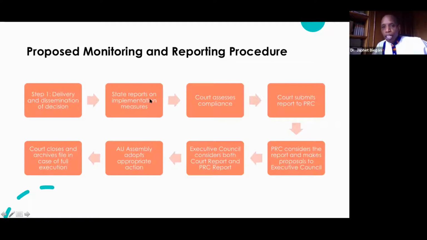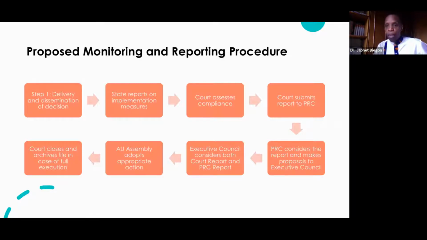Then the state reports on implementation of measures using the template that the reporting and monitoring unit has prepared. Then the third step will involve the court assessing compliance on the basis of the report submitted by the state. At this stage, even an implementation hearing may take place, you remember, if there is a dispute as to the extent of the implementation.